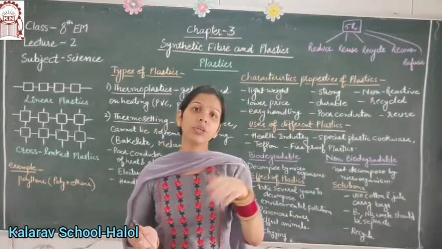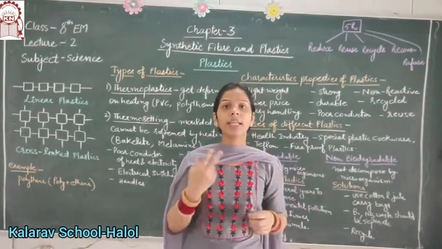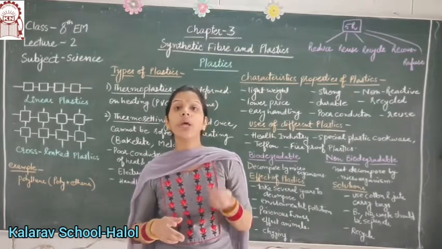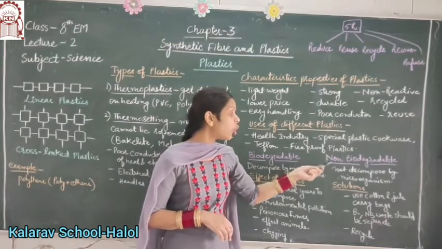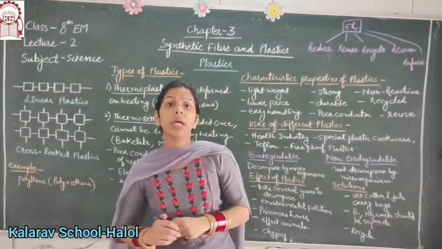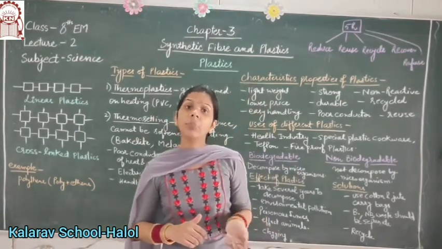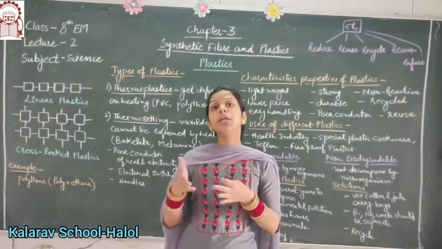As we use plastic, different types of wastes are formed. We categorize the waste, or the plastic, into two categories, that is, biodegradable waste and non-biodegradable waste. The biodegradable wastes are the wastes which can be decomposed by microorganisms, that is, they can be reduced.